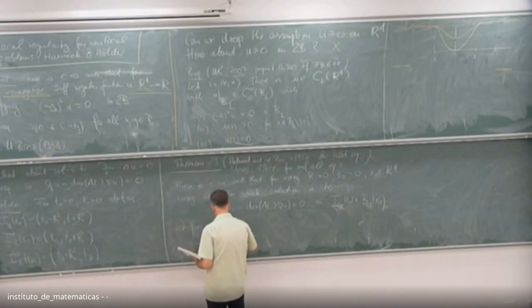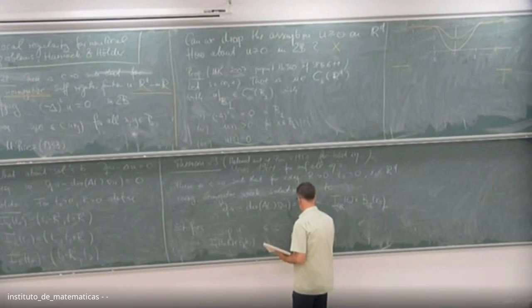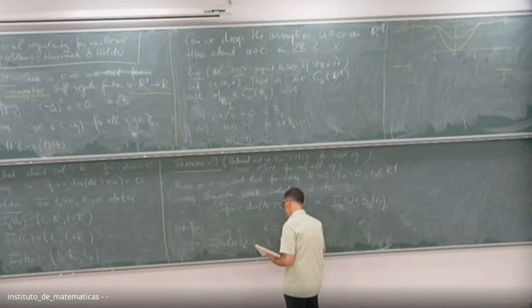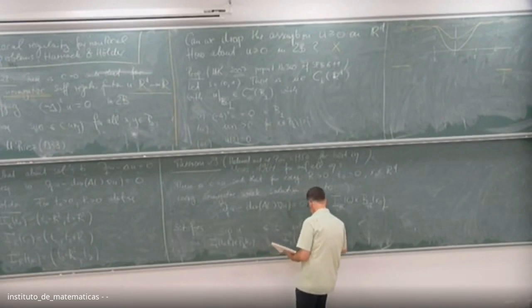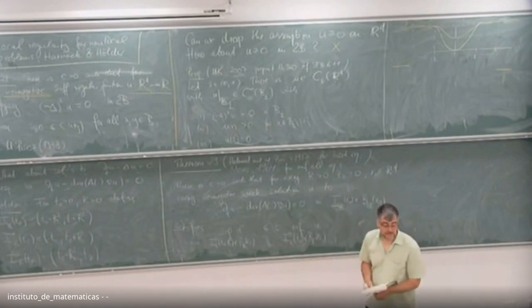The sup of U in I minus of R T naught minus R squared. I will make a picture, of course. Satisfies this. Let's explain this.